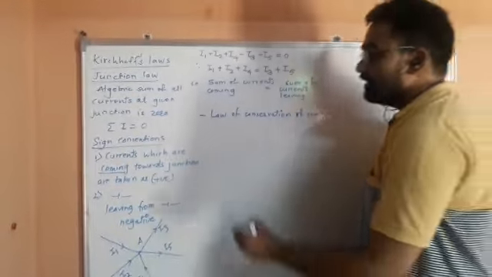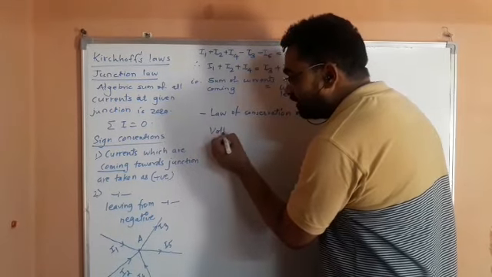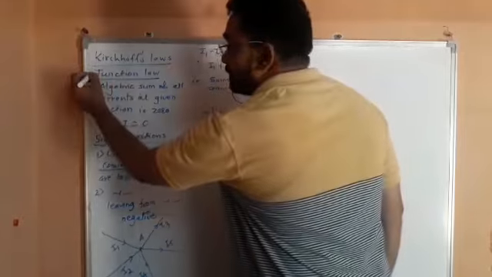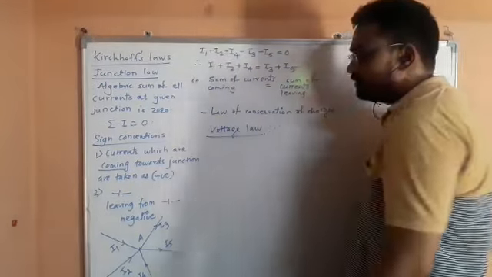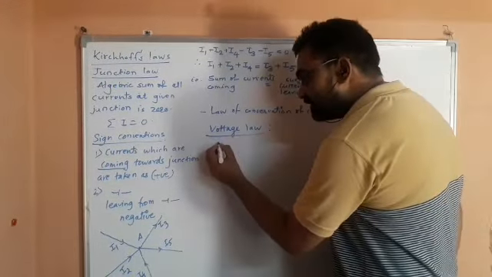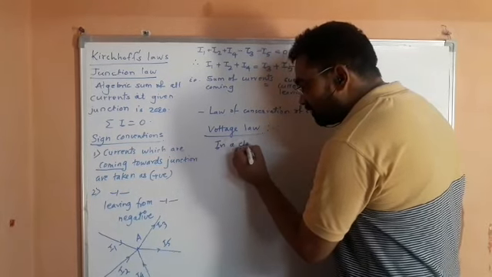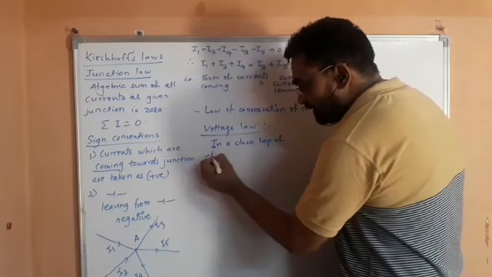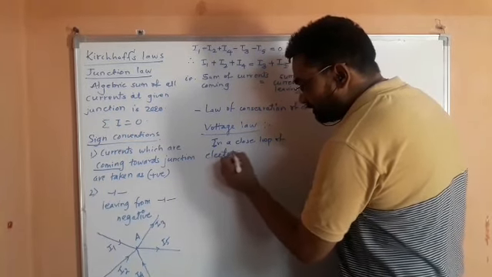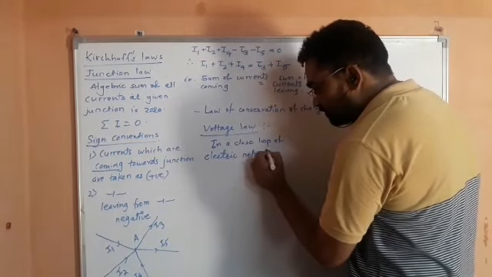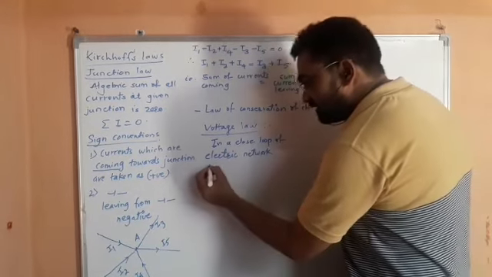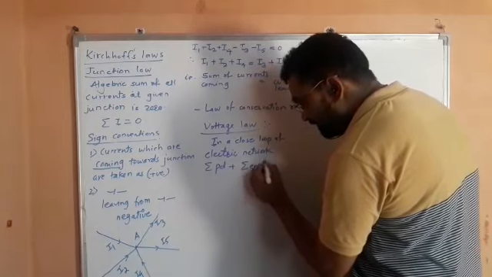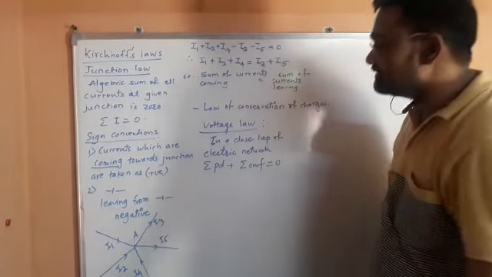Okay. Now, the second law is called the voltage law. According to the statement, in a closed loop of an electric network, the algebraic sum of potential differences plus the algebraic sum of EMFs is taken as what? 0.